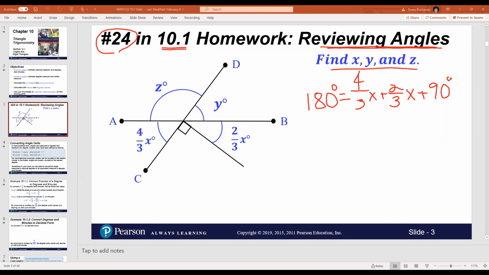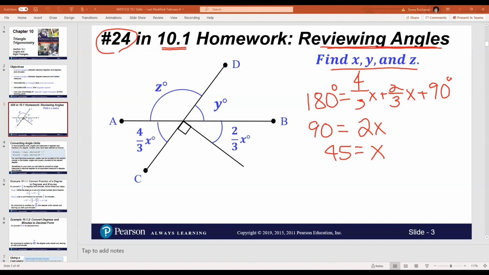So what are we going to do? We can subtract the 90 from both sides as a start. And I can recognize that 4 plus 2 is 6, and 6/3 is just 2. So we very quickly come down to something that's pretty easy to simplify. And I can say that X has to be 45.